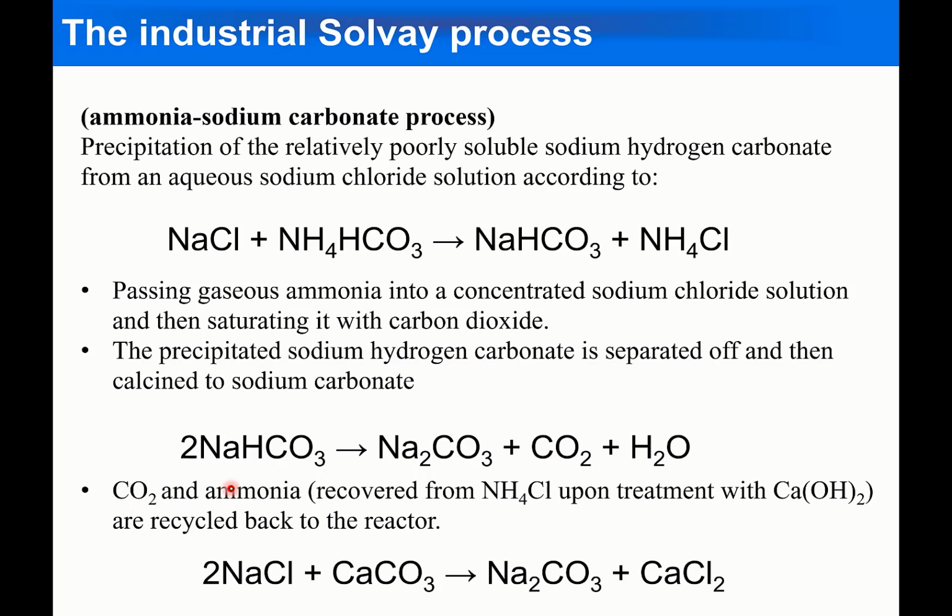So carbon dioxide and ammonia, which can be recovered from the ammonium chloride byproduct, can be recycled back to the reactor again, which makes the overall reaction a reaction between sodium chloride and calcium carbonate, producing sodium carbonate and calcium chloride, making this a very efficient production process.